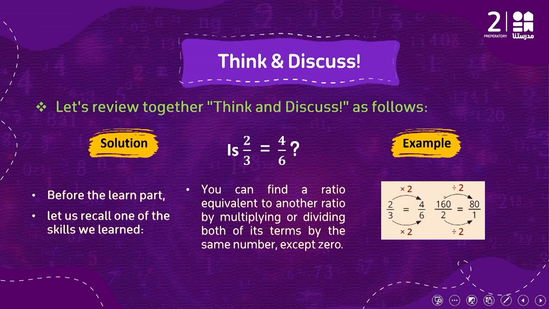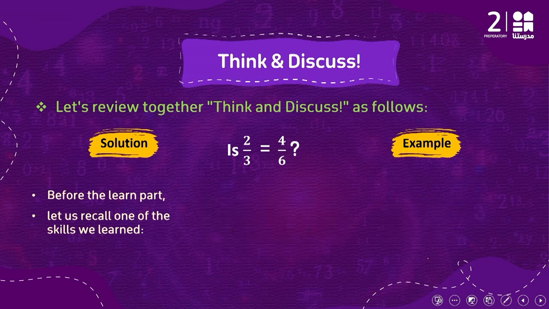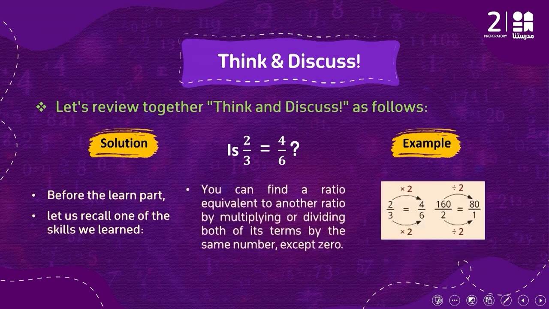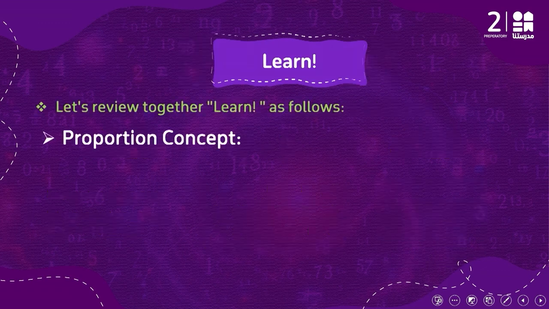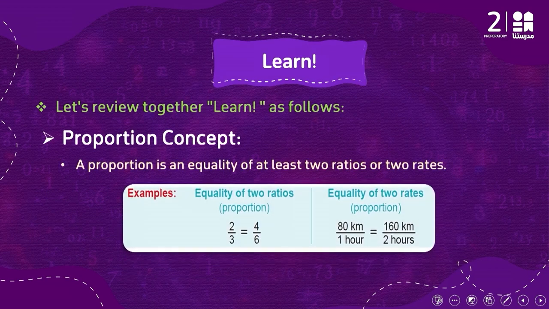If you have, for example, 160 over 2, and both numbers are divisible, you can divide both of them by 2, and it's 80 out of 1. Can we say they are equal? Now this is the question we need to know. And this is called proportion. When we have 2 equal ratios, we can say it's a proportion, like 2 over 3, which is equal to 4 over 6, as we said.